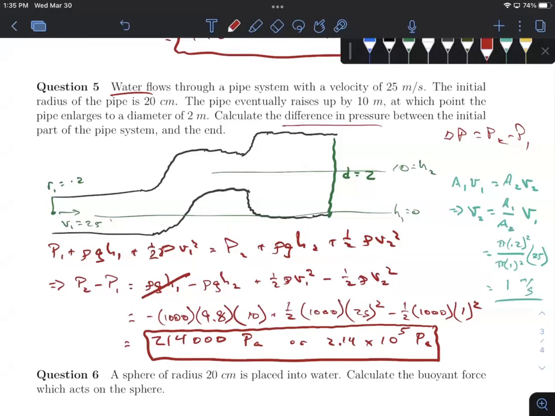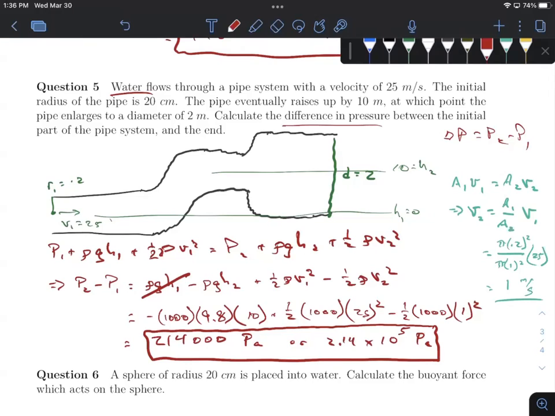So this is more of a full Bernoulli problem. We have a pipe system, water flowing through the pipes. The pipes both change size and location. So I have all the terms here. I set up Bernoulli, calculate what it is I want, which in this case is difference in pressure. And now I have my equation sitting there. One of the terms I don't know because I don't know the velocity in the second part of the pipe.